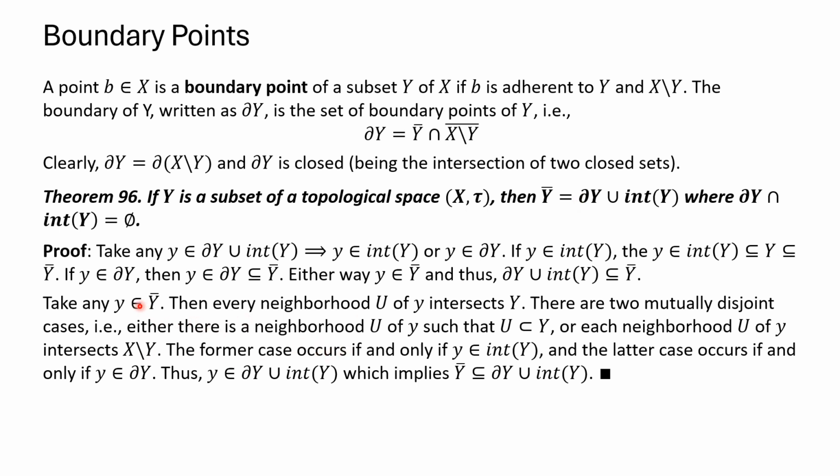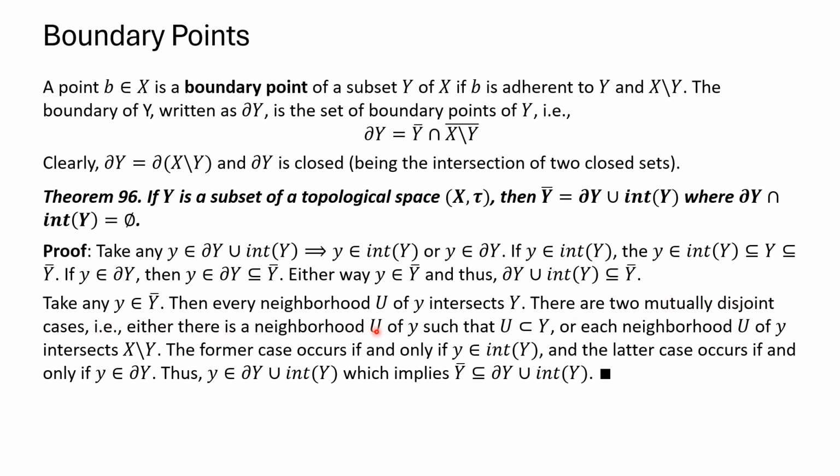So if y is in the closure of Y, then every neighborhood U of y intersects Y. That's the definition of being in the closure, right? This would have to be the case. Little y is an adherent point to Y. Then there are two mutually disjoint cases.